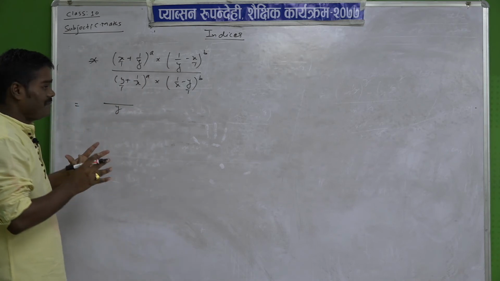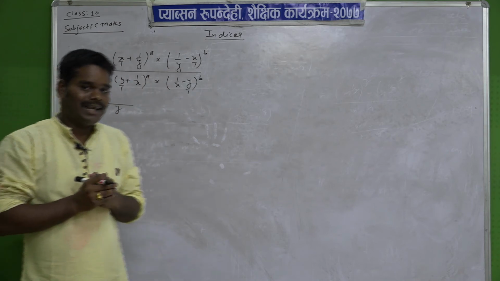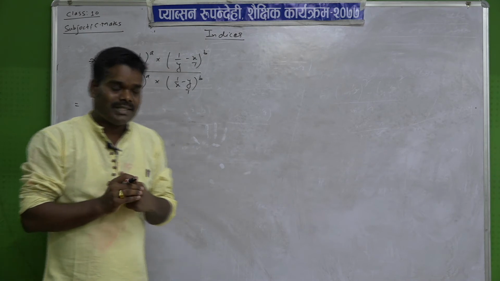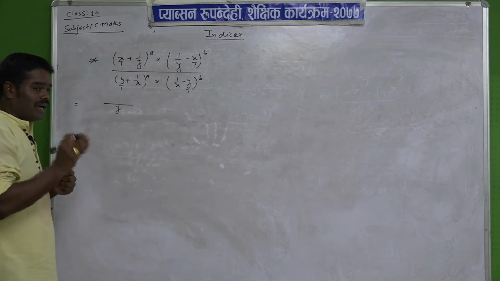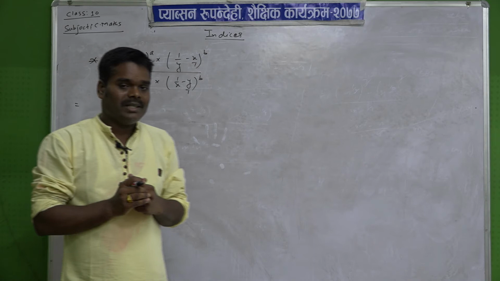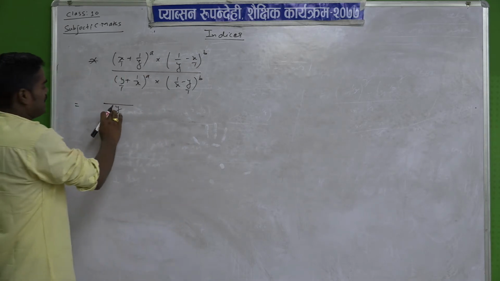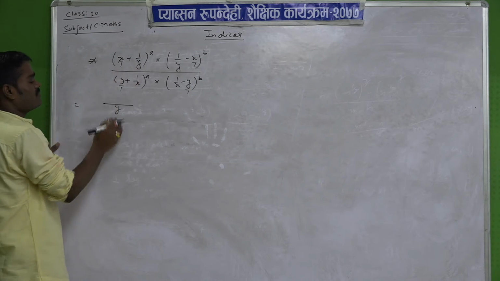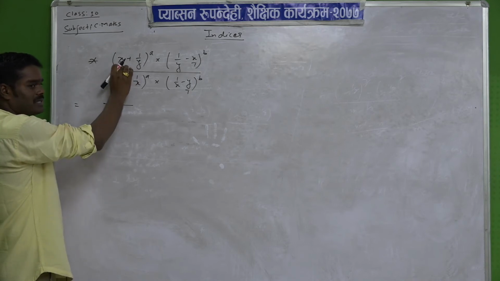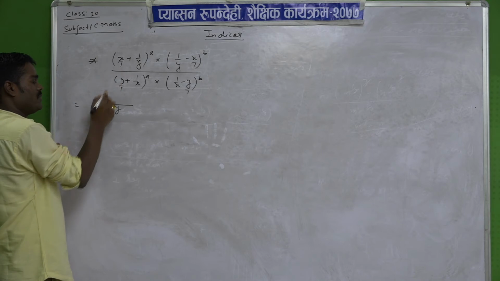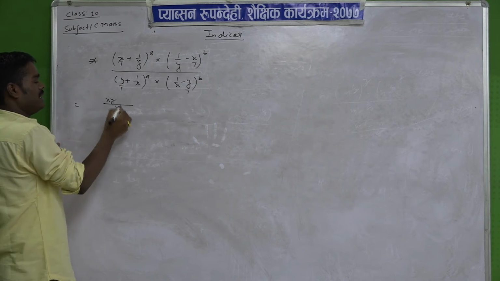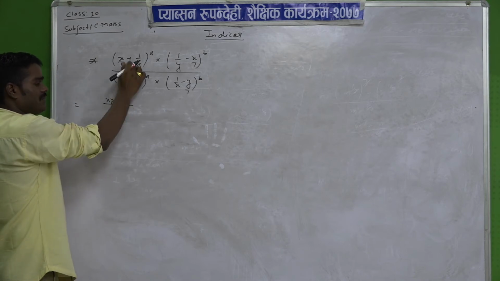First take the LCM, then divide the LCM by the denominator, and whatever quotient we get, we multiply the quotient into the numerator. Here y is the LCM. y divided by 1 is y. So, x into y, xy, plus y over y, what is left? 1.